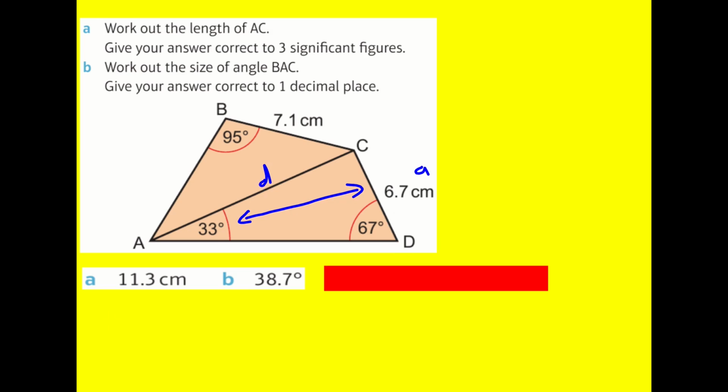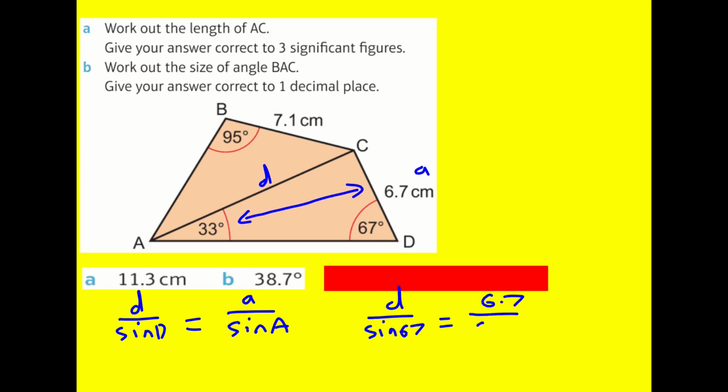That's okay. So it's going to be D over sine D, because there's nothing special about the letters, equals A over sine A. That means D, which is this length AC I'm interested in, over sine 67 is equal to 6.7 over sine 33.